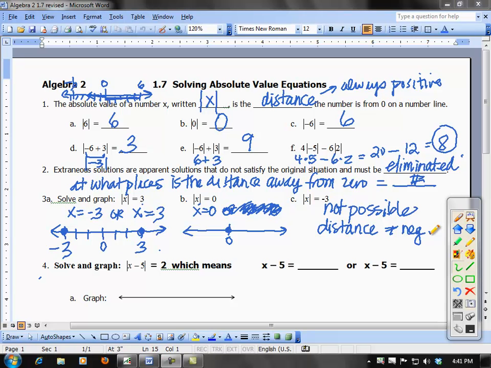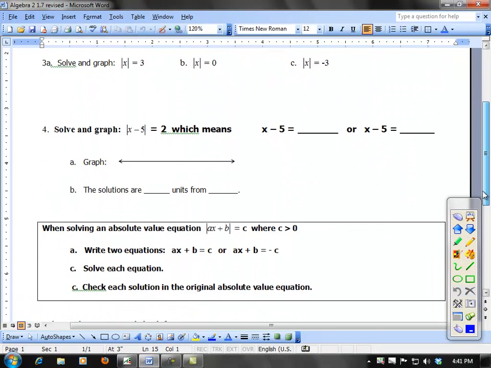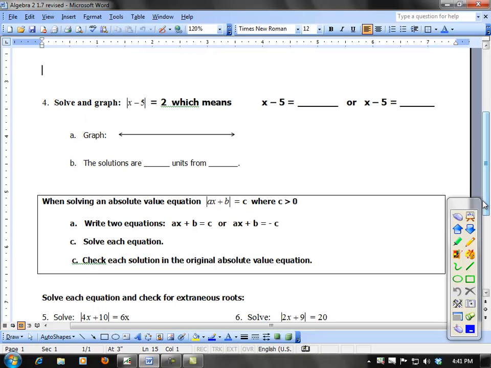Now, I want to solve some inequalities, so I'm going to move this up. And I've got the rules kind of down here, and I want to look at it. Here's what we're saying, okay?